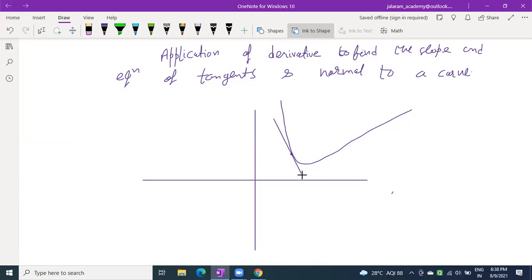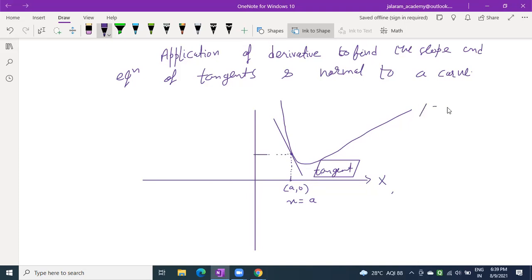Tangent means the line which touches the curve at only one point. And in differentiation, we have proved that the differentiation at this point A means x equals A, and as it is on the x-axis, we are taking A comma 0.